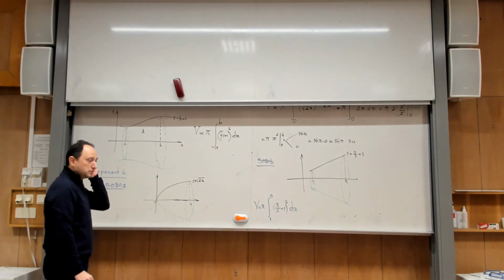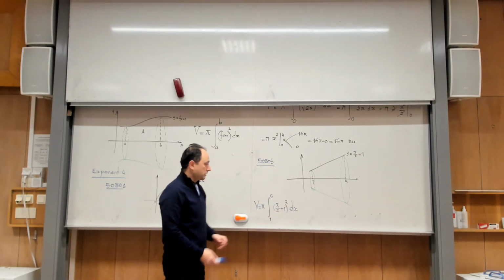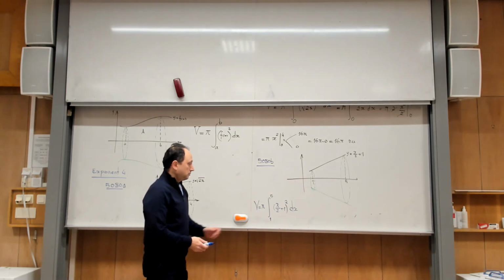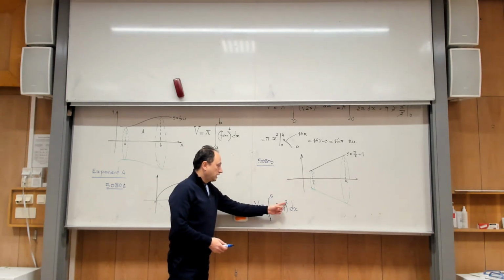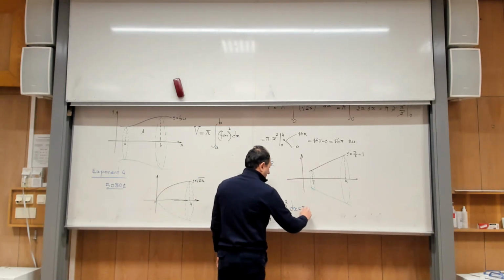Okay, so do you remember, if you want to find an integral, first you need to find a primitive function for your integrand, your function. But if I want to do that, I have to expand it to power 2. So then I copy and paste this pi part integral from 1 to 5.